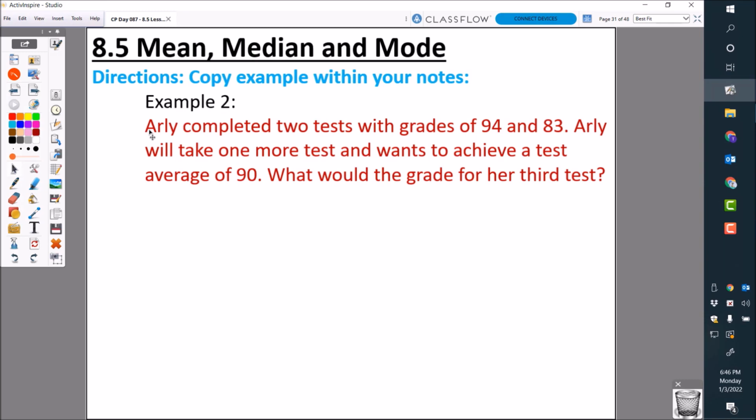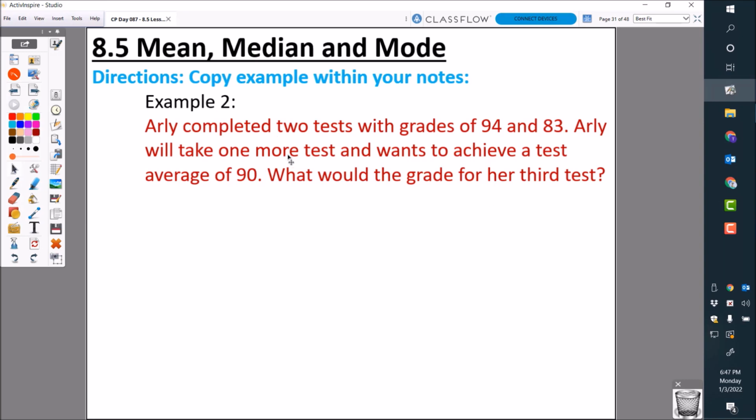Example 2. In this given word problem, it's stated, Arlie completed 2 tests with grades of 94 and 83. Arlie will take one more test and wants to achieve a test average of 90. What would the grade be for her third test?